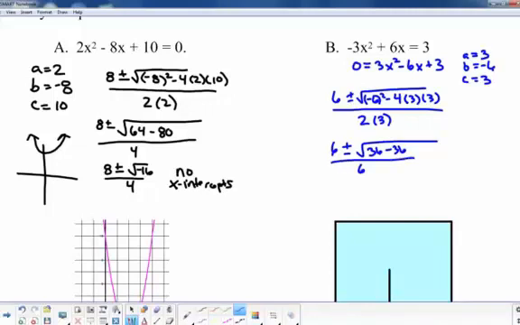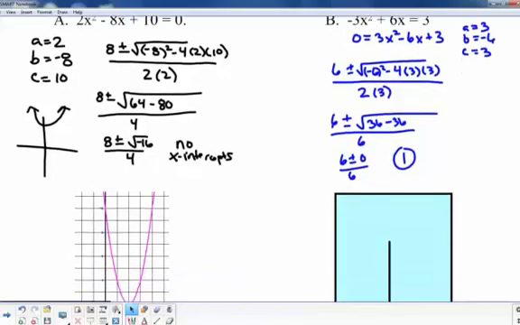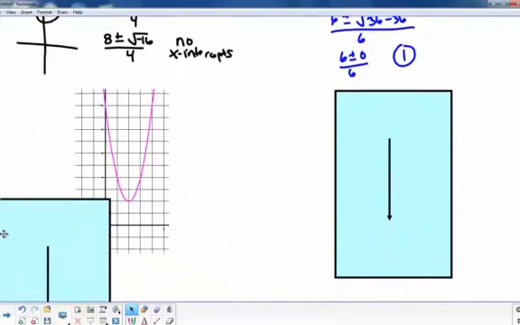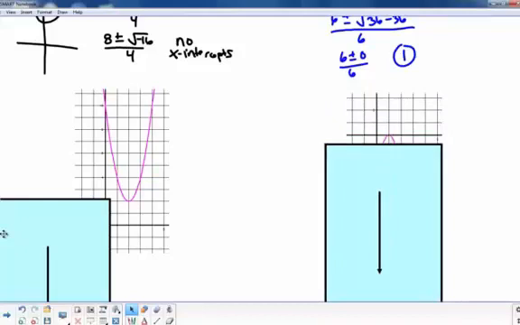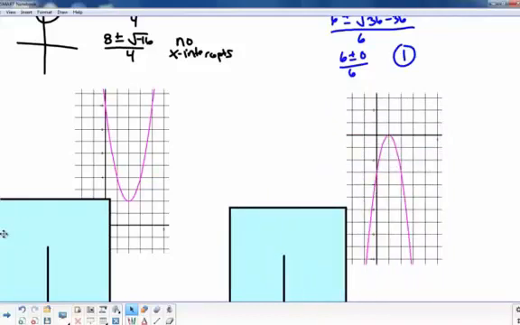So this time under the square root, we get a 0. So we only have one x-intercept, and that would be 1. So our graph would touch the axis only once. That would also be the vertex because there's only one x-intercept.